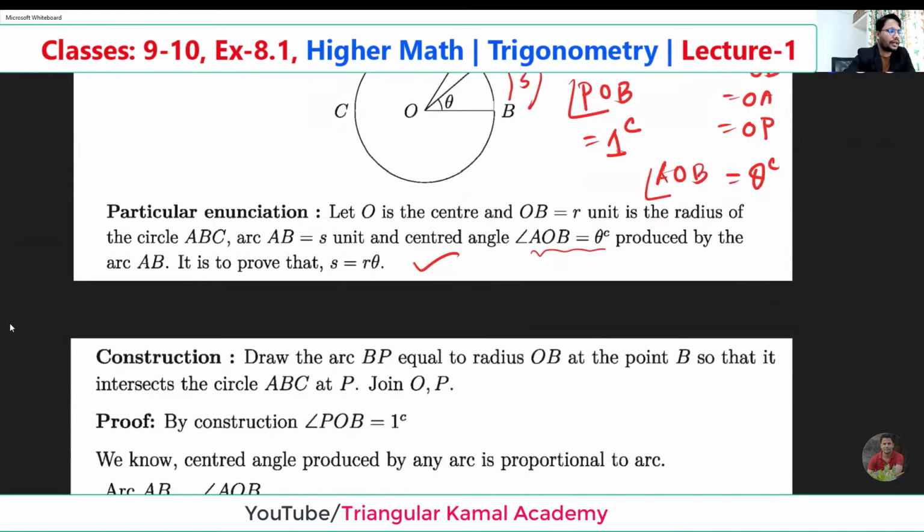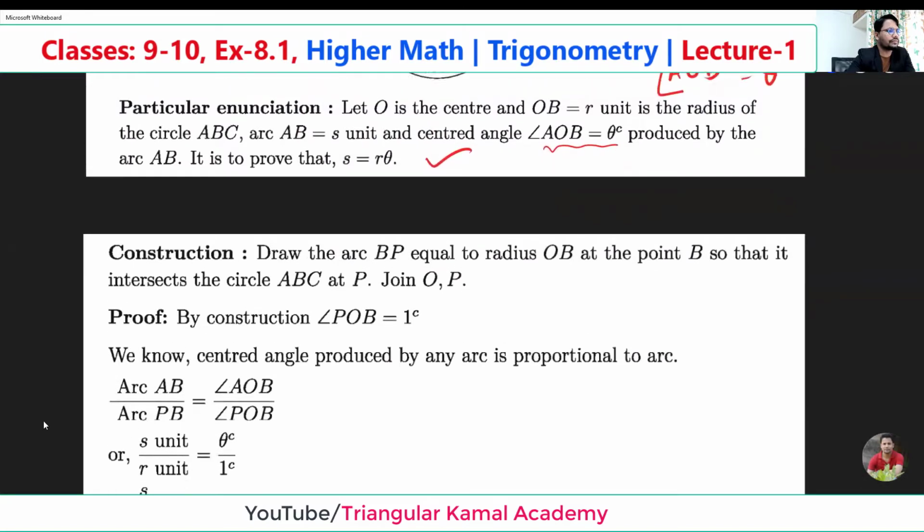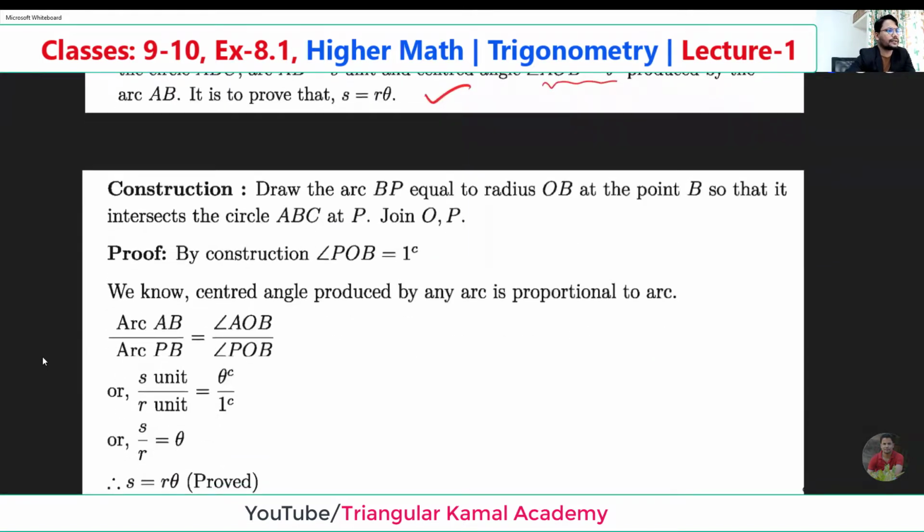So now we know the relation here. We know the subtended angle is directly proportional to the arc. The arc is proportional to the center angle, or the center angle is proportional to the arc.